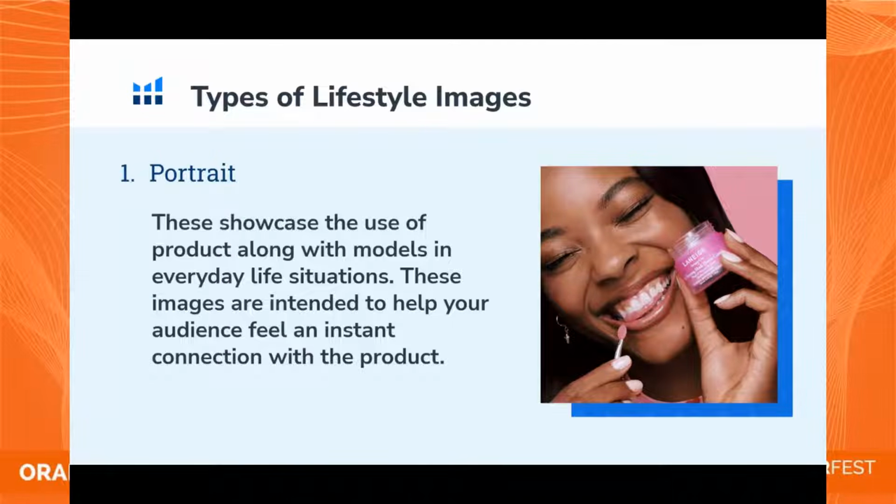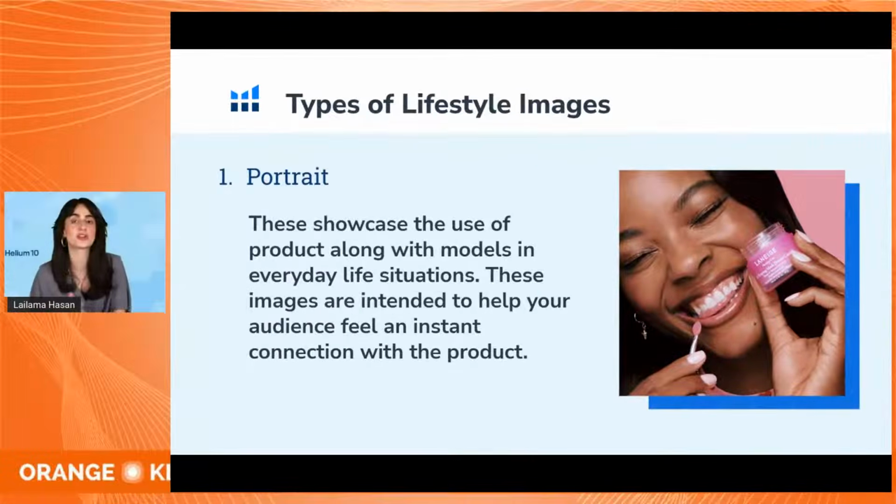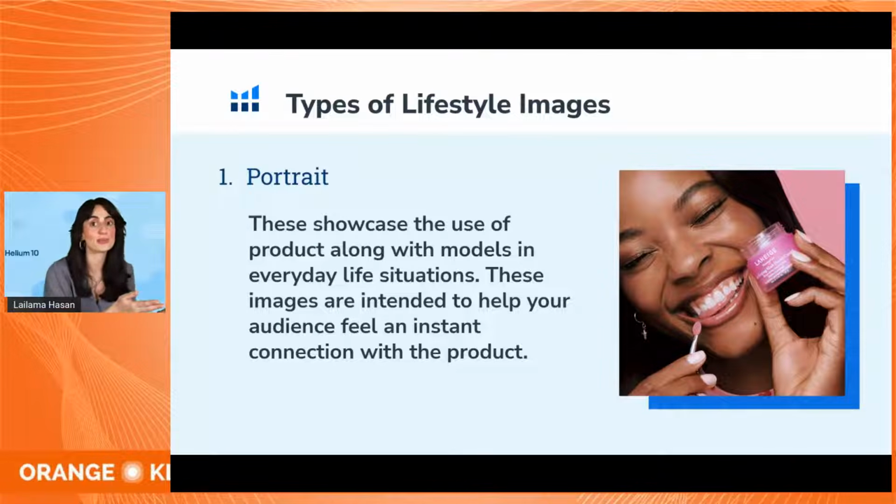I've definitely come across so many listings where people in the Q&A section are asking, hey, can men use this product? Are these glasses for men as well? Are they unisex? So some people need that information in order to know that it is appropriate for their age or their gender or whatever that may be, right? So you want to try to include as much of your target demographic within your images as possible.